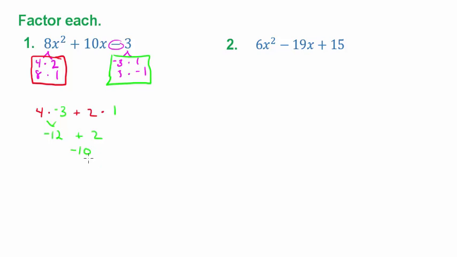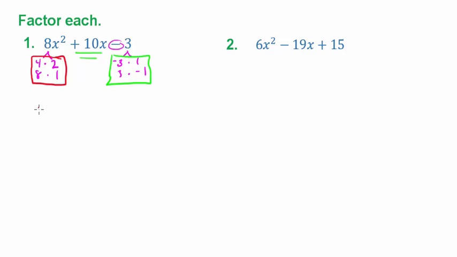Hey, I feel like I'm close because of the fact that I got a negative 10, and I really want a positive 10. So that makes me feel good, like I'm not far away. Okay, but I didn't quite get the result that I wanted. So what I'm going to do is go ahead and erase this. And since I felt like I got a close result, I'm going to check the other pair.